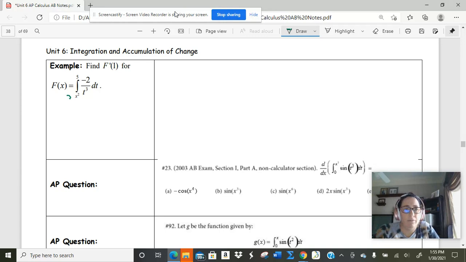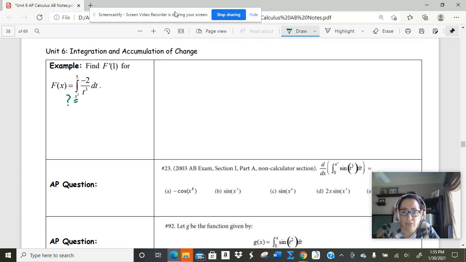So what if the function was at the bottom bound? Then we've basically been plugging in this top bound and taking the derivative, and that goes away. So this is going to end up being the negative part, that second part that we are subtracting.